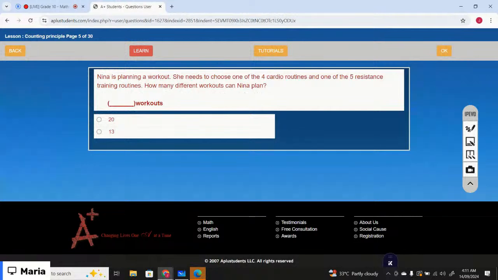Nina is planning a workout. She needs to choose one of the four cardio routines and one of the five resistance training routines. How many different workouts can Nina plan? Which is the correct option?